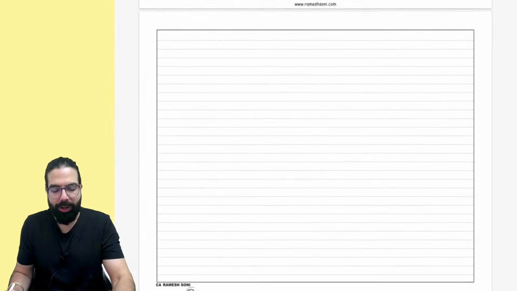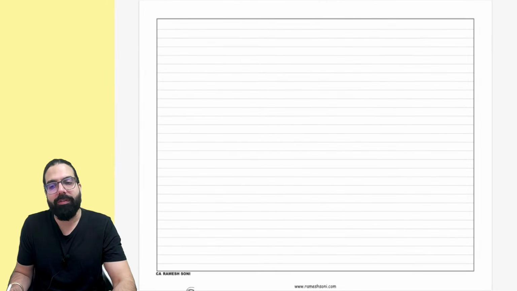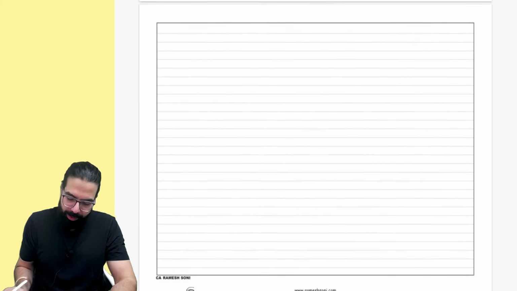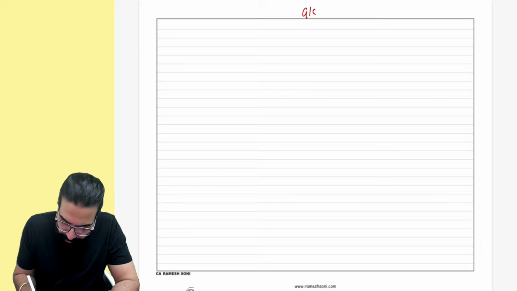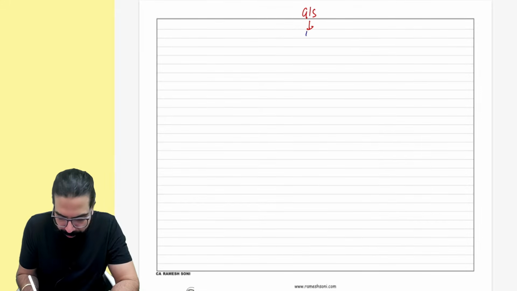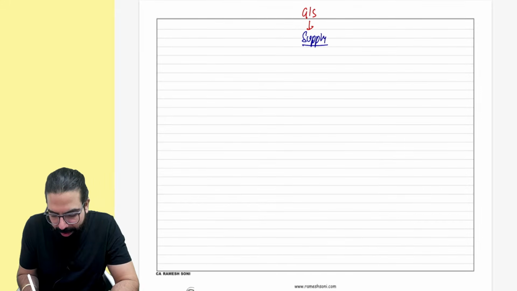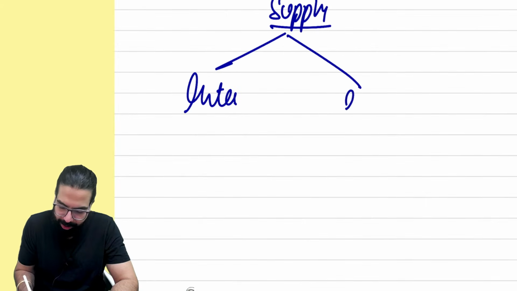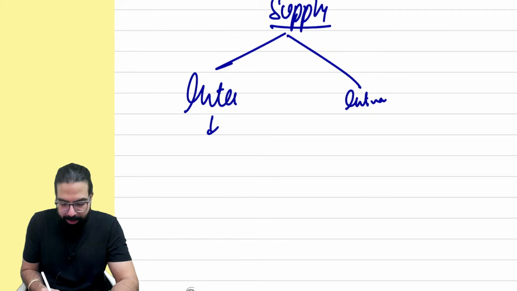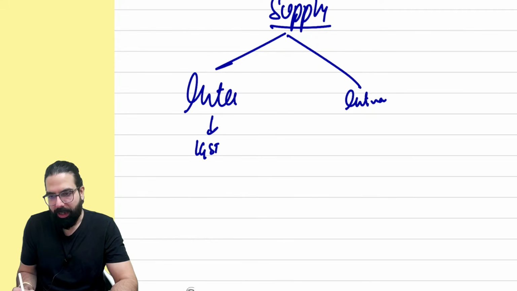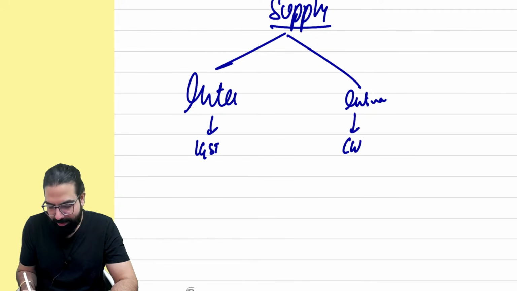Sir, can you give us a quick linking? Yes, let's take a quick linking of the chapter. We started learning GST with goods or service. Goods or service has to be supplied. Supply can be either interstate or intrastate. In interstate supply, IGST gets levied. In intrastate supply, CGST gets levied.